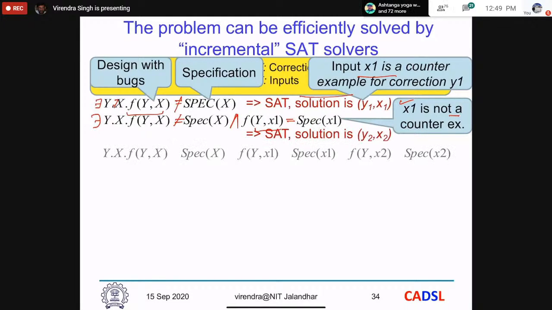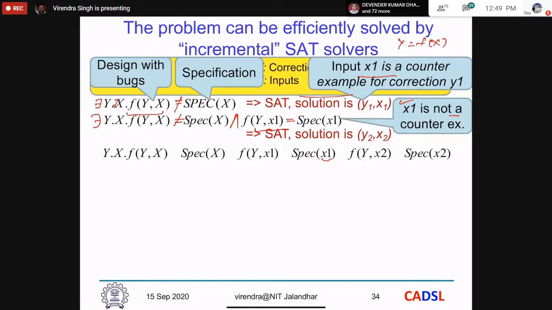Now I go for the third one, and I will get another output. So you have y as some function of x here, and capital X is a vector. This small x1 is an instance of that vector.